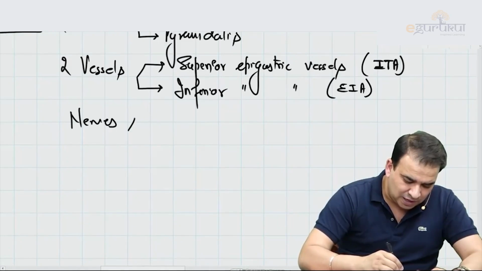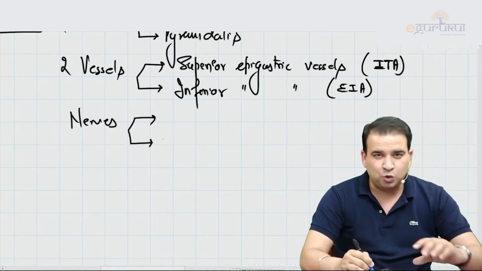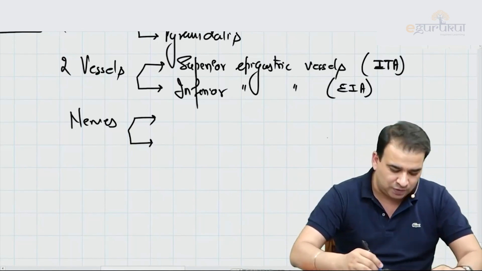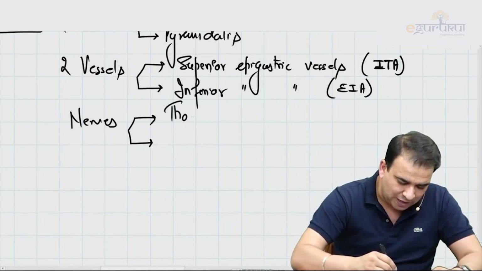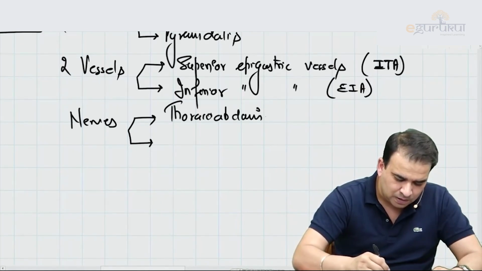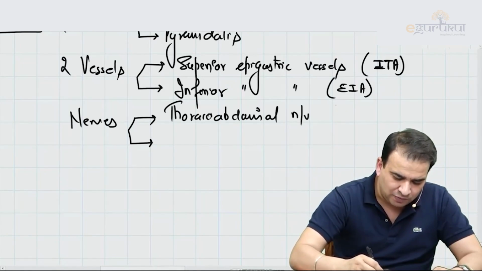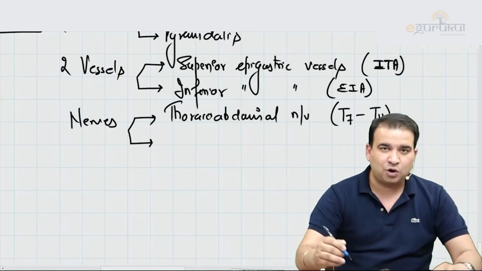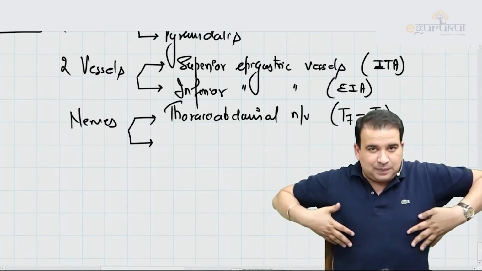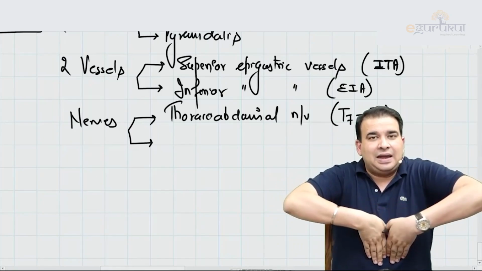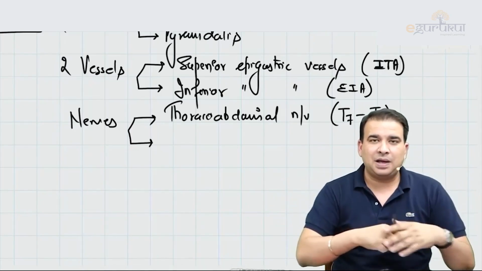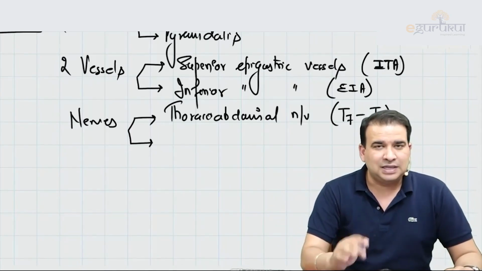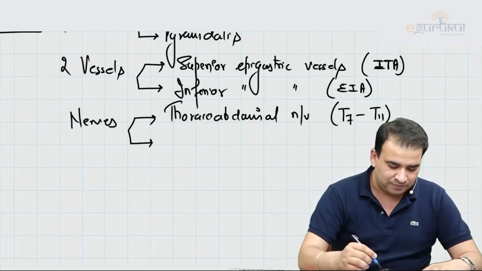And some nerves are also the content. Well, I can say two types of nerve, not two nerves. We have thoraco-abdominal nerve. This also we talked about in the thorax. The T7 to T11 are called thoraco-abdominal nerves. After supplying the intercostal space, these nerves enter into the rectus sheath and supply the anterior abdominal wall. That's why we call them thoraco-abdominal nerves.